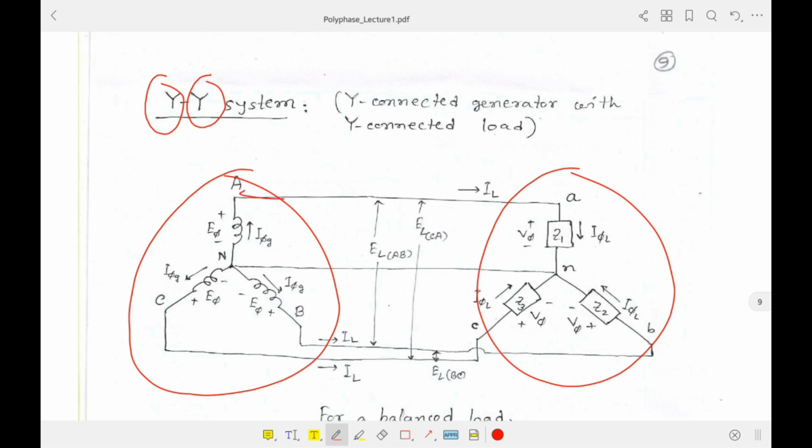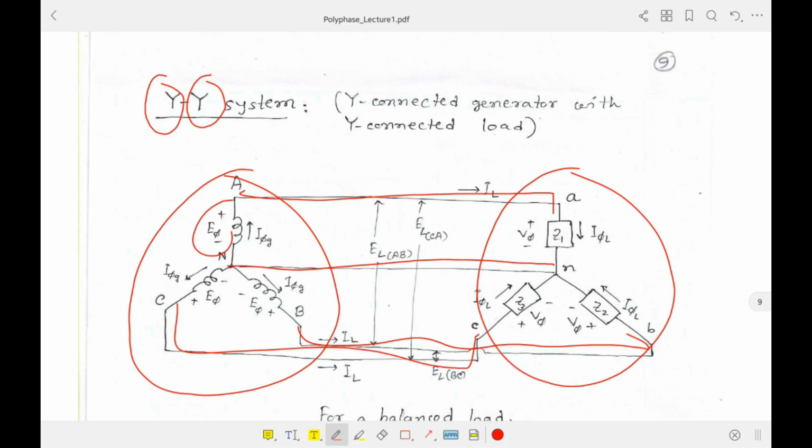That means A is connected to this A phase, both neutrals are connected, and B is connected to B, and similarly C is connected to C. And then these are the phase components of voltages, all written E phi, and these are the corresponding voltages available. That means the voltage drop at this load, so V phi, then here also V phi.